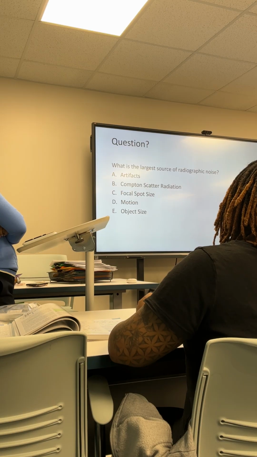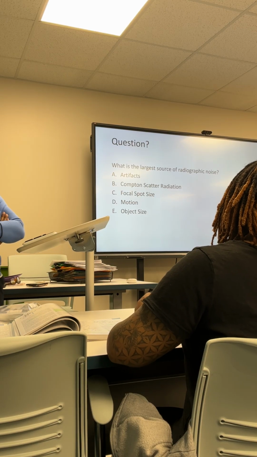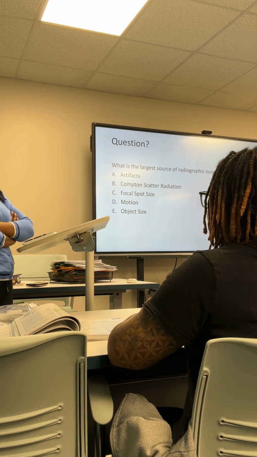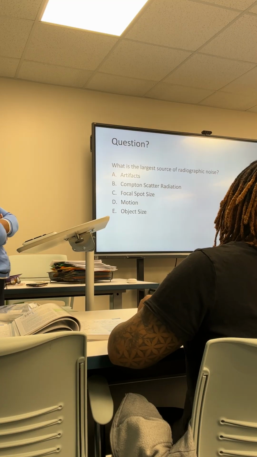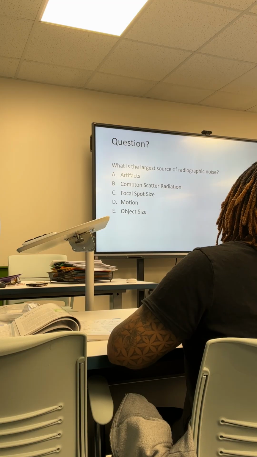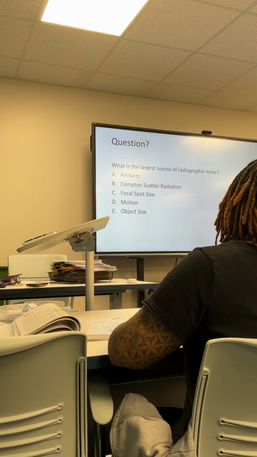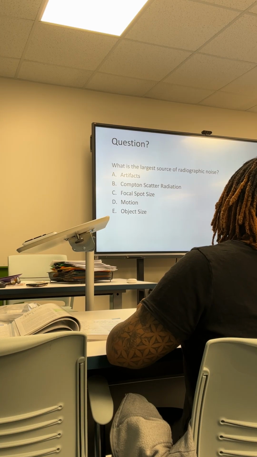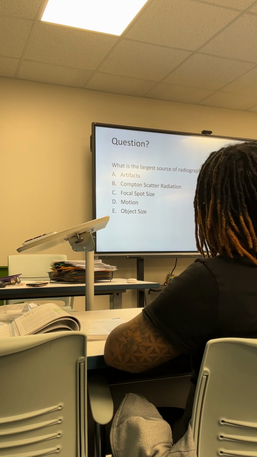She says motion. Anybody have that answer? All of the above. I say because it says radiographic noise, it's usually specifically saying scatter rather than motion, because motion would be like blur from movement.